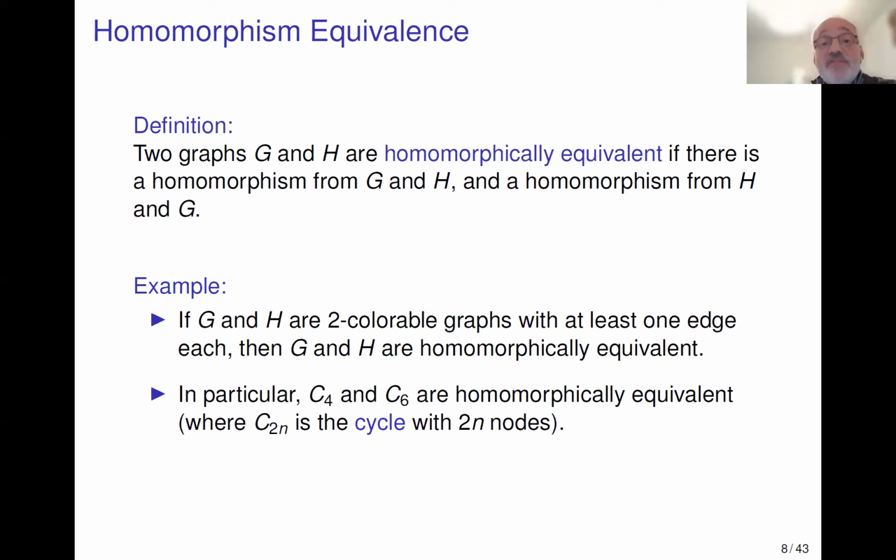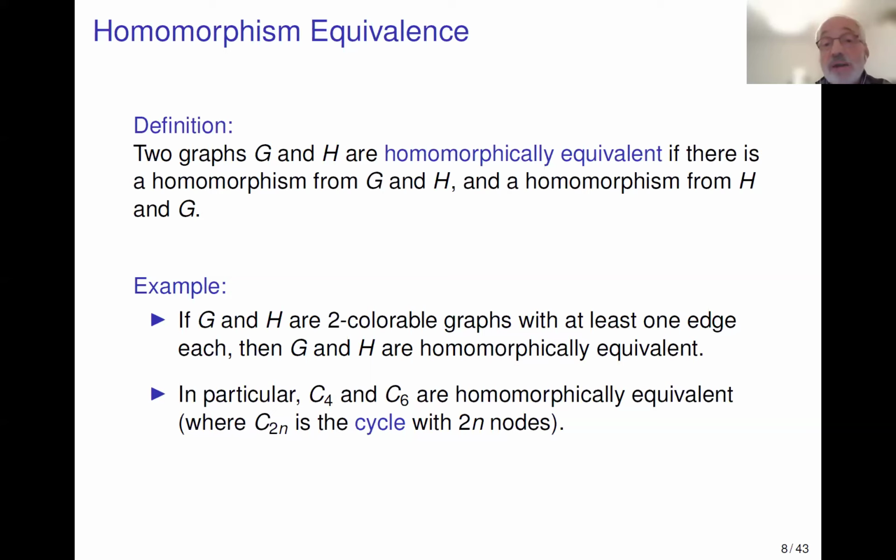Examples: if I have two graphs that are two-colorable and they contain at least one edge, then they are homomorphically equivalent because you can map each of them to an edge of the other. In particular, if I have a cycle of length 4 and a cycle of length 6, they are homomorphically equivalent. They are two-colorable and each contains at least one edge.